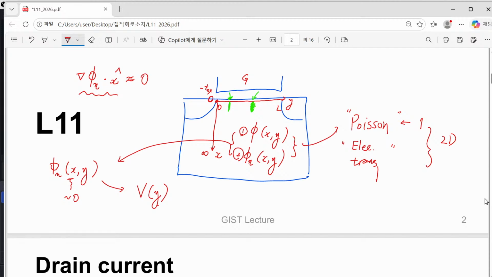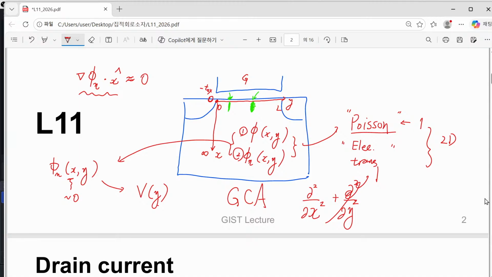And another thing was the gradual channel approximation. When we consider the Poisson equation in its original form, of course we have to consider the x directional second derivative and also the y directional second derivative. However, this y directional second derivative can be neglected when we go to a really long channel device.